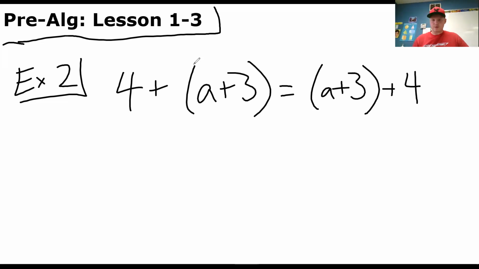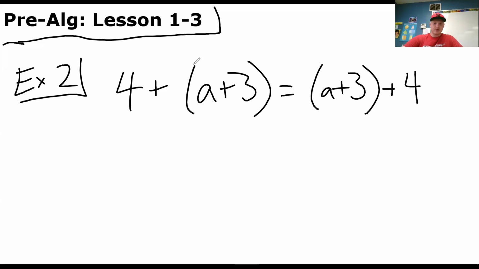Which property is this going to be? Well, we have addition, so we know it's one of our addition problems. It's not going to be additive identity, multiplicative identity, or multiplicative property of 0, because those only deal with 0 and 1. So it's either going to be the commutative property or the associative property.